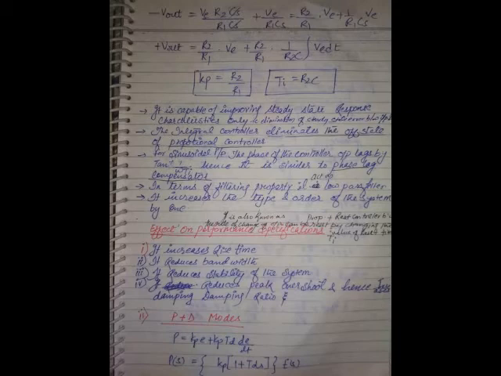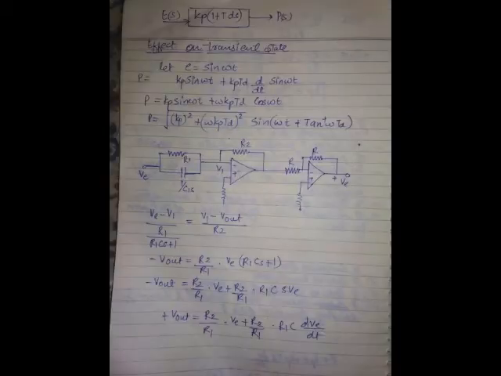You see, you have one S term in the denominator. Its transfer function simplified is KP TIS plus KP by TIS. When you use this controller, type 0 will become type 1. Type 1 will become type 2. Order 1 will become order 2. So it increases the type and order by 1.